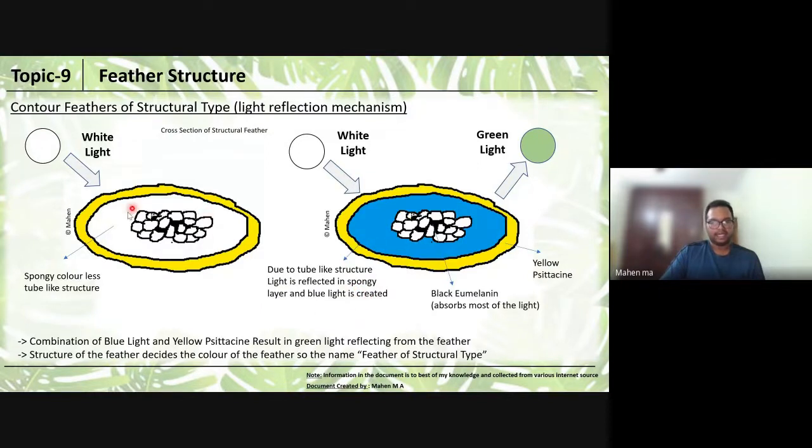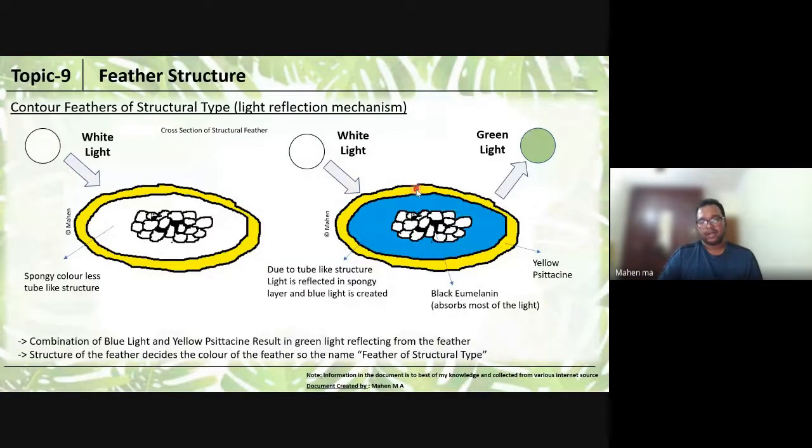Ideally it would be white, but when the light falls on the feather, this portion becomes blue because of reflection, refraction, interference or transmission, whatever you want to call it in physics terms. And this one is the black eumelanin, which absorbs most of the light. Now we have yellow psittacin in the outer layer and blue light in the spongy layer.